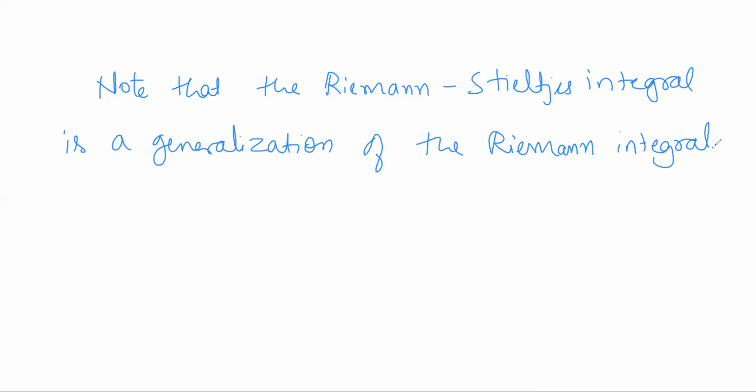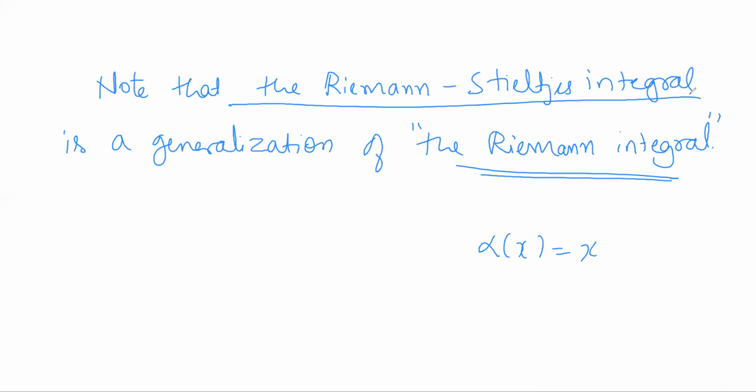The Riemann Stieltjes integral is a generalized one, as it involves an arbitrary monotonically increasing function alpha. And in place of that, if you take a particular one, which is the identity function, you will get the Riemann integral. That means the Riemann integral is a particular case of the Riemann Stieltjes integral, or you can say it is a special type of Riemann Stieltjes integral.